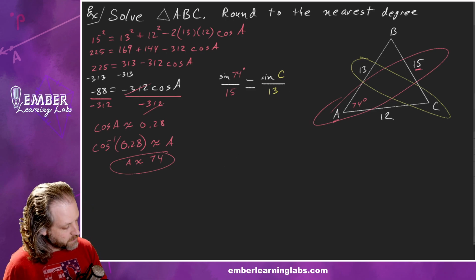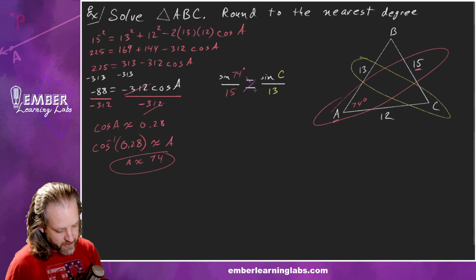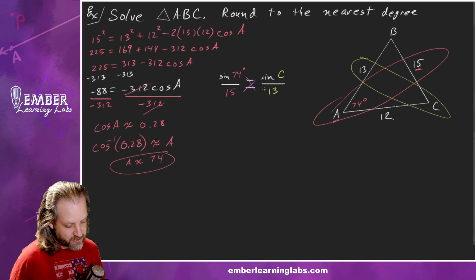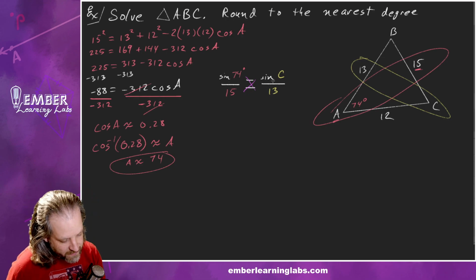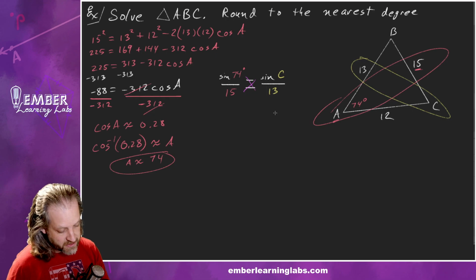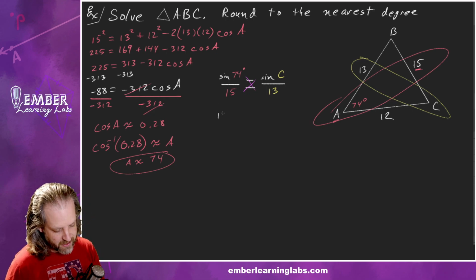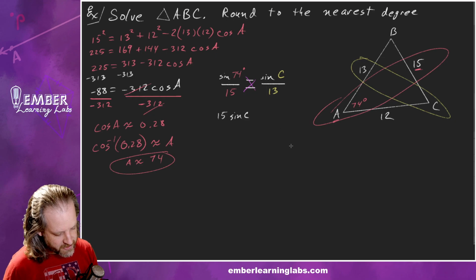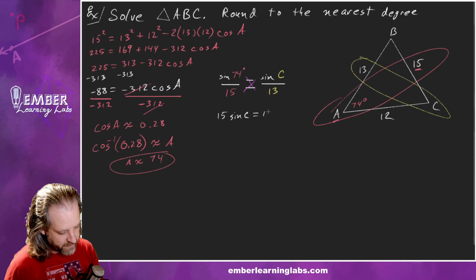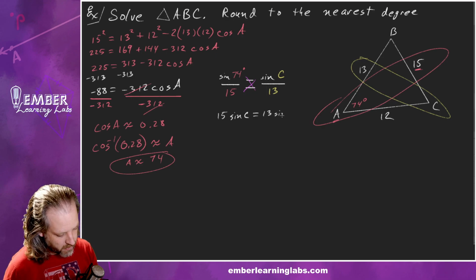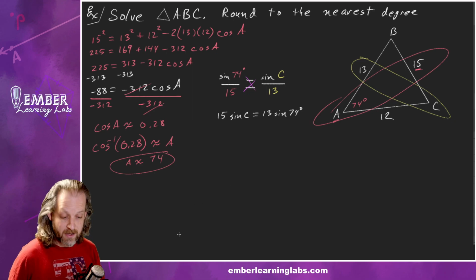So we're going to cross multiply just like we've been doing. Easy peasy lemon squeezy. 15 times the sine of C equals 13 times the sine of 74 degrees, about 74.